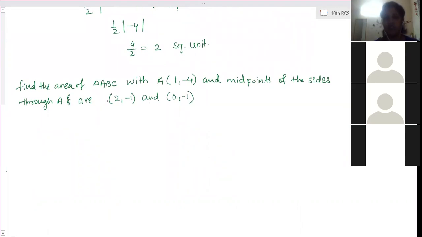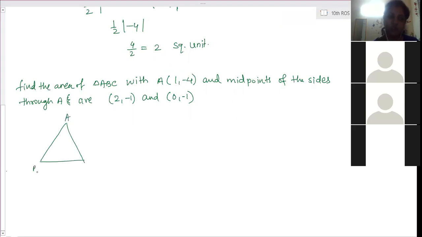So here you have to find the area of triangle ABC. In that, A is given and the midpoints of the sides through A. Two sides from A, so what are those two sides? AC and AB.